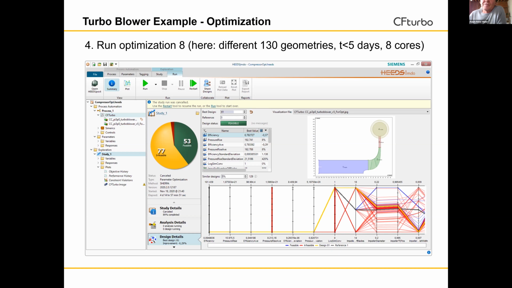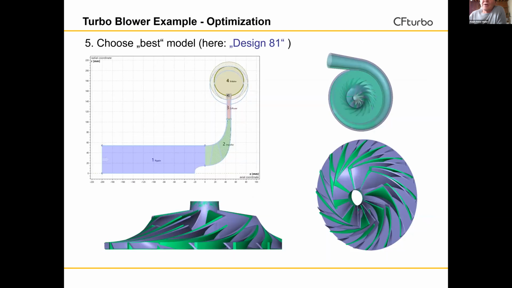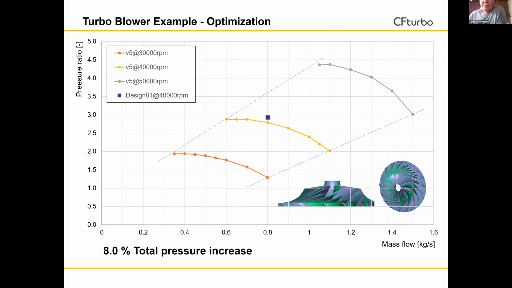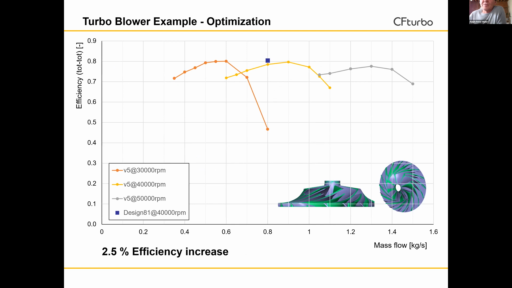Out of these, 53 designs reached our target, so we chose our best one. In our case, it was design number 81, which has some different parameters, as you can see. The results can be seen here for this single design point. We raised the total pressure by 8% and the efficiency by 2.5%.